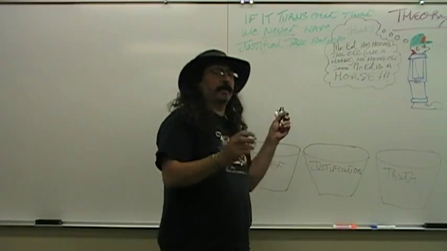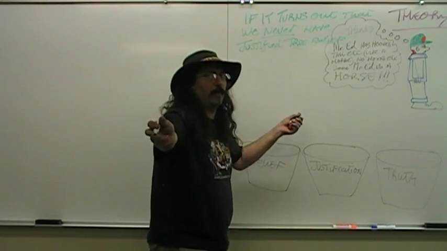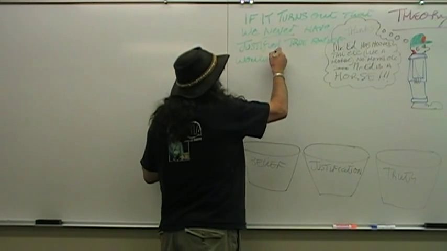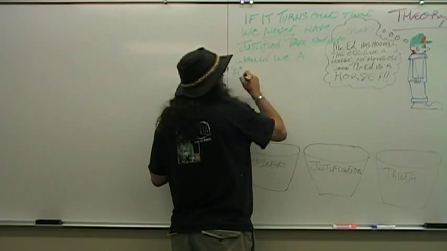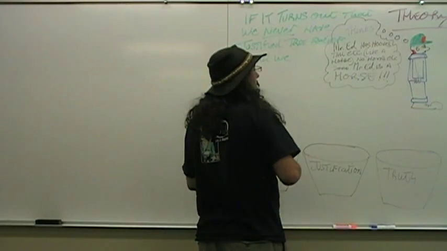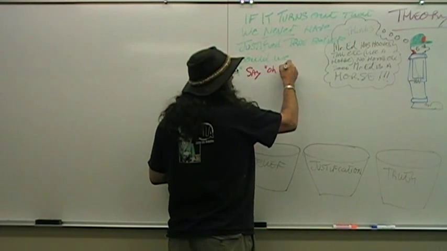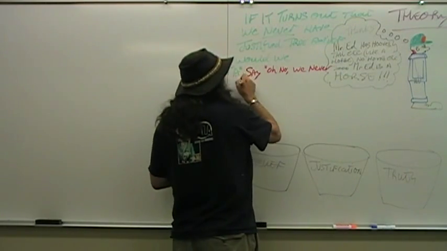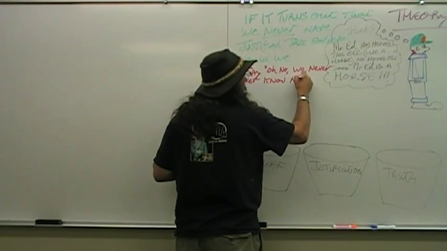Justified true belief is something that is impossible for humans to have, and we really only want to worry about what humans can have. Would we say, oh no, we never, ever know anything.